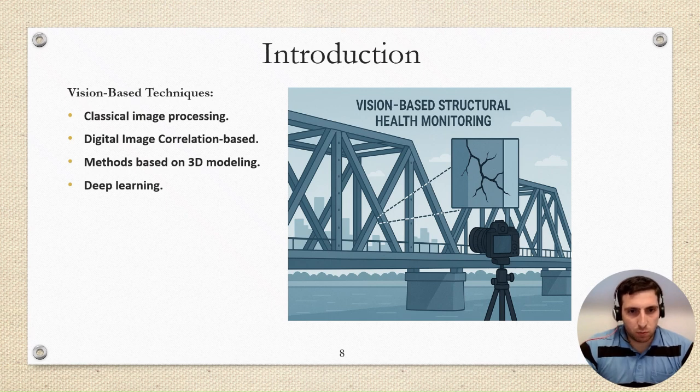Methods based on 3D modeling provide a detailed view of parts of the structure, which enhances the accuracy of damage detection. And the deep learning methods are based on neural networks, which are applied in real-time automatic detection, and also in efficient classification of structural defects.